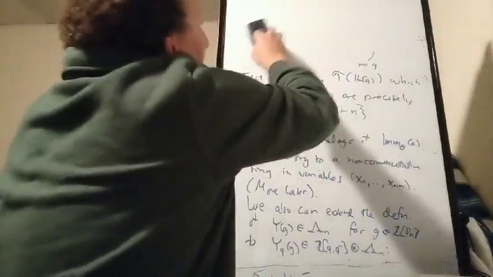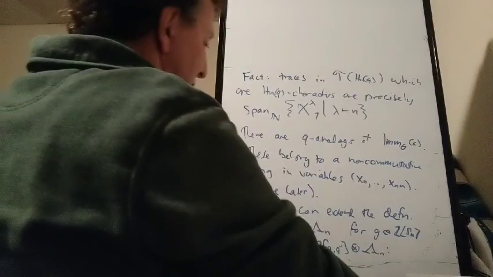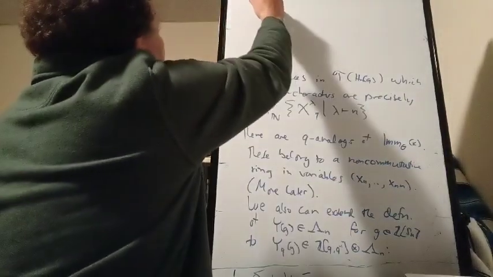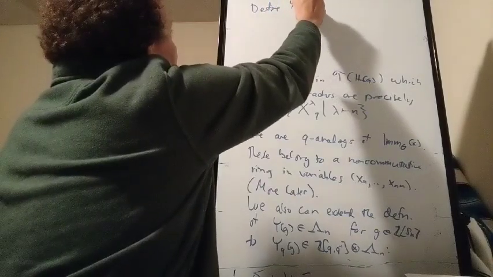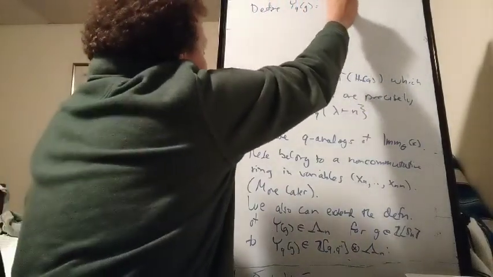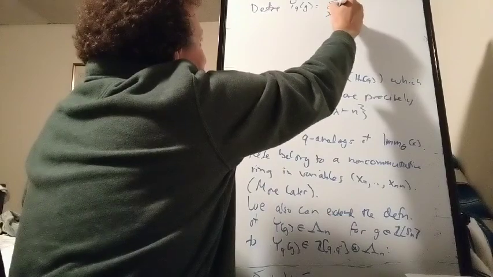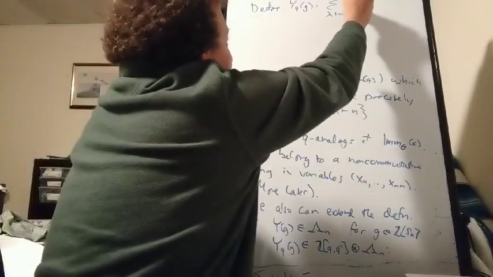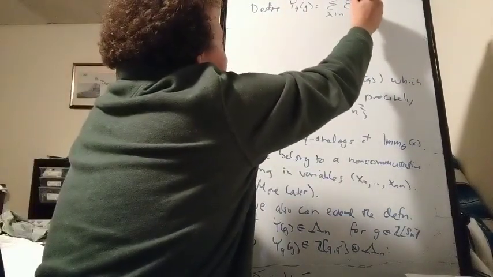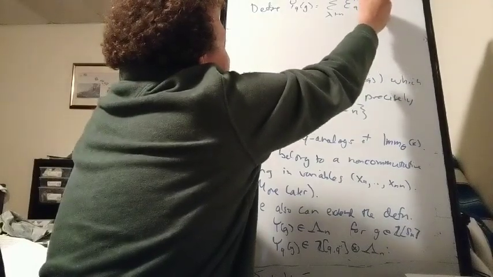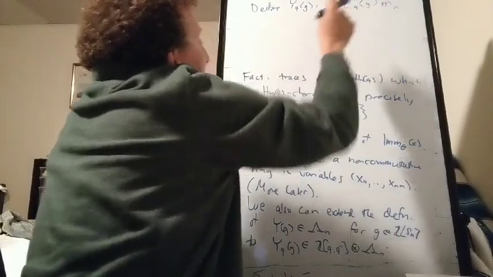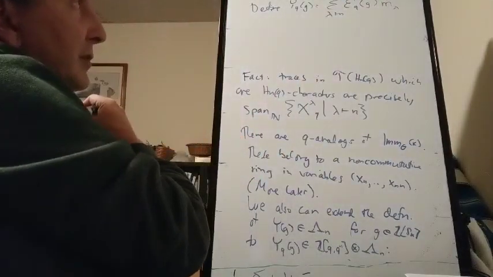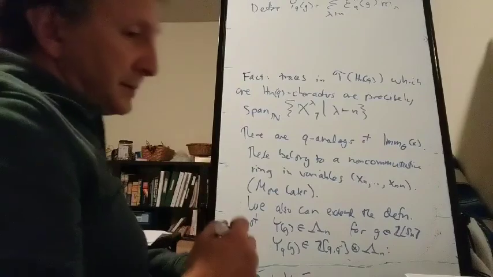And that definition is sort of the most straightforward generalization we can think of. So we define yq of g to be the sum over all partitions lambda of n of epsilon lambda q of g times m lambda. So next to m lambda we put the induced sign character indexed by lambda.